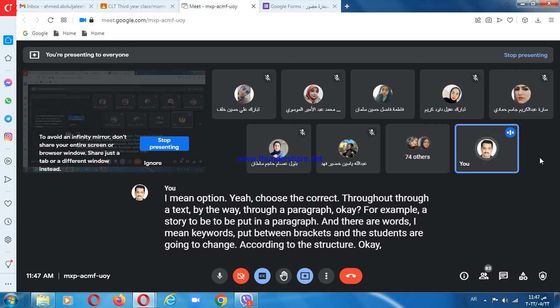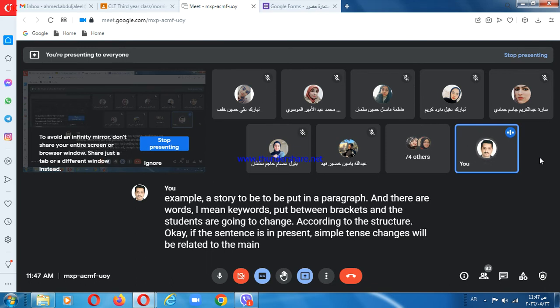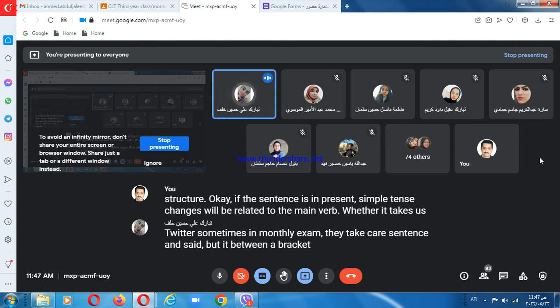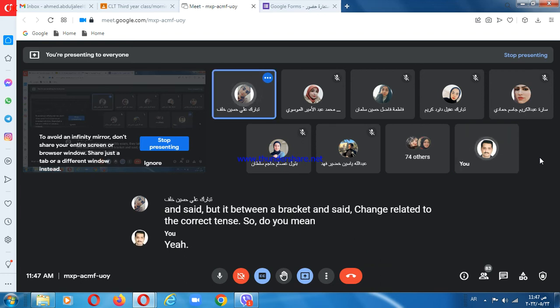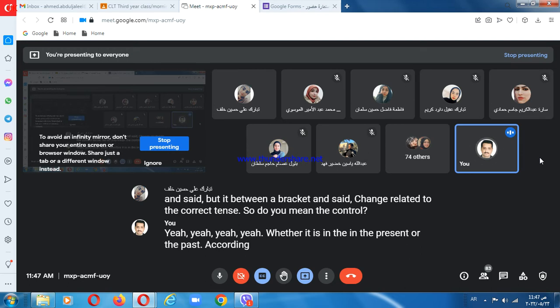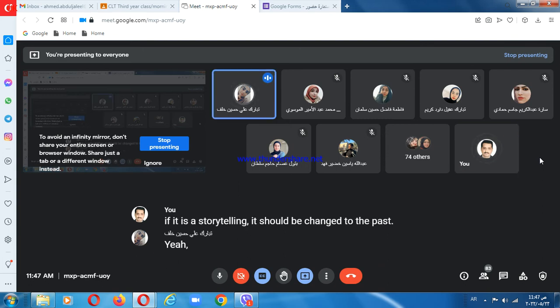If the sentence is in present simple tense, the changes will be related to the main verb, whether it takes S or not. Doctor, sometimes in the monthly exam they take a sentence, put it between brackets and say change it to the correct tense. Yeah, whether it is in the present or the past, according to the story itself. If it is storytelling, it should be changed to the past. That's it. Thank you.